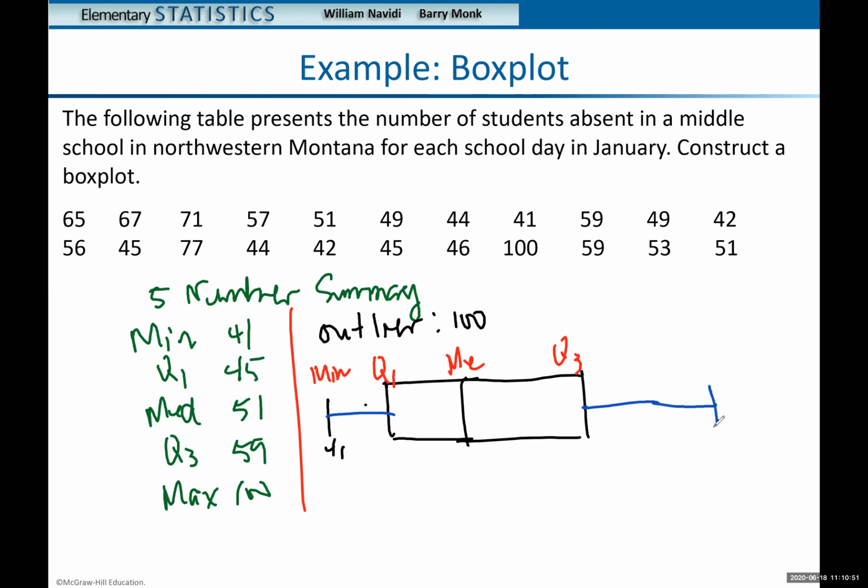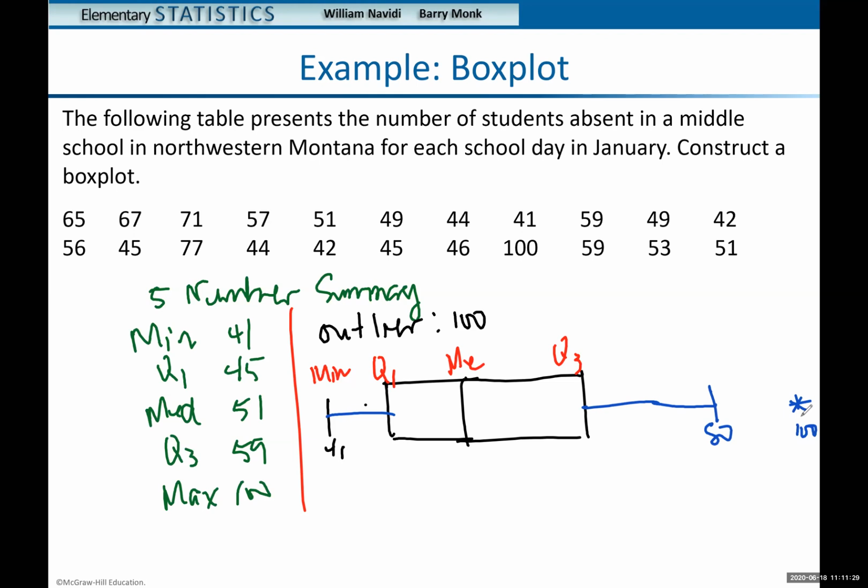So that's going to be 80 here, and you have an outlier here, which is 100. So this is an example of a box plot. Any questions?